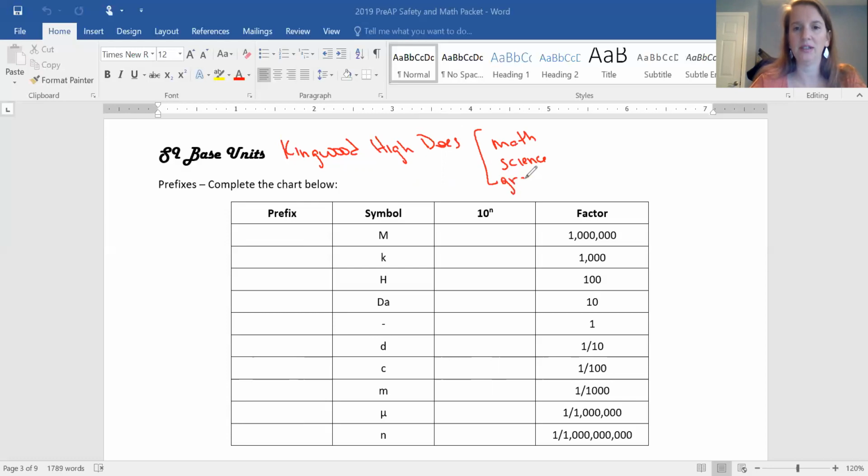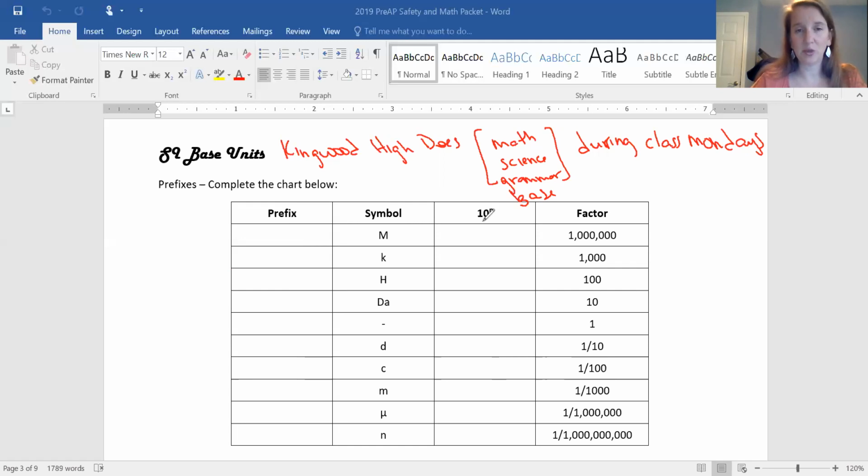That's our base unit. I'll put base down here. During, whoopsie, class Mondays. Move that. Okay, so that's our mnemonic device.